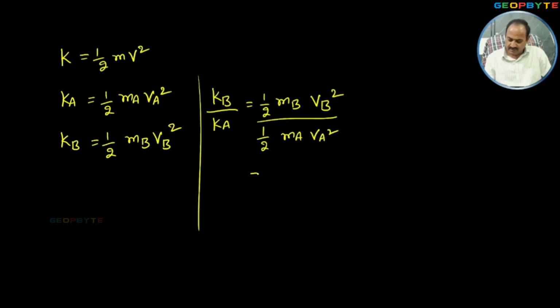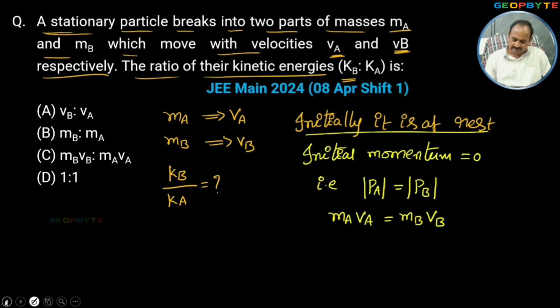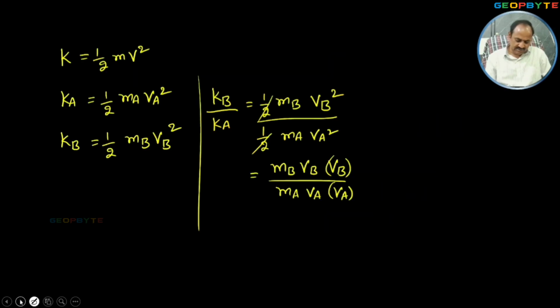It can also be written as, of course half is cancelling, MB VB into VB divided by MA VA into VA. The reason why I wrote it like this is that MAVA equals MBVB. Since MAVA equals MBVB, these two are cancelling.